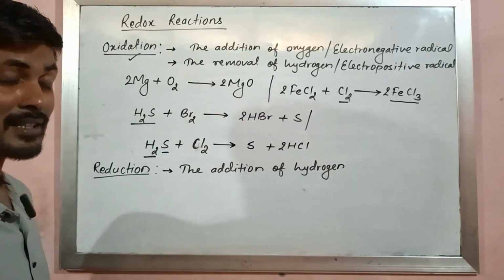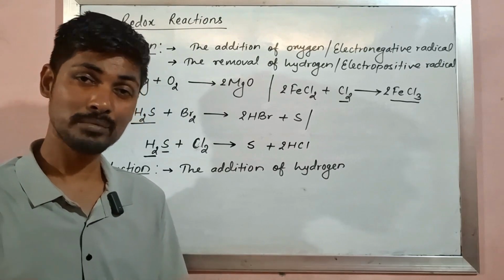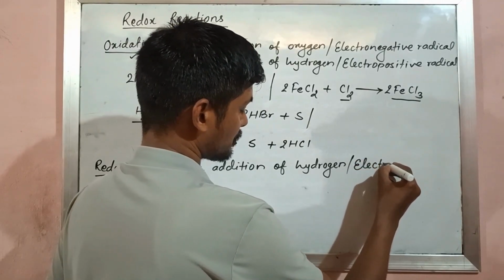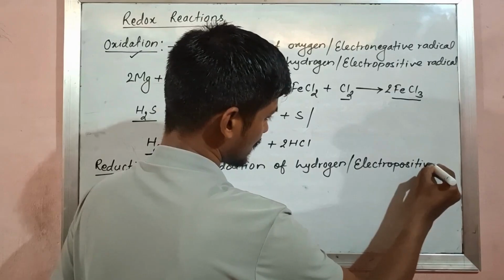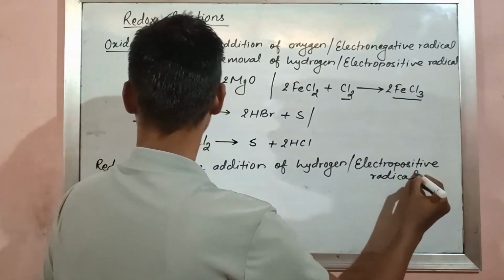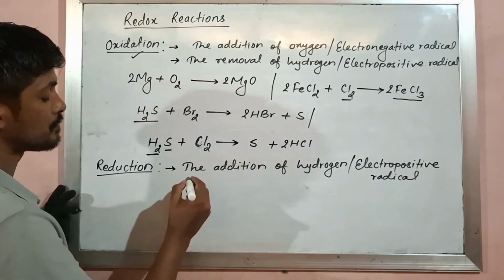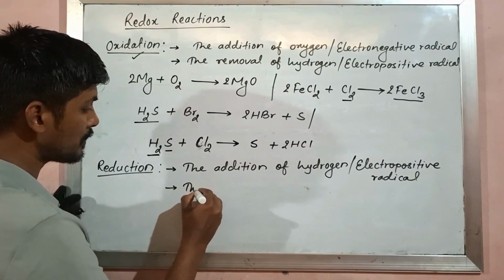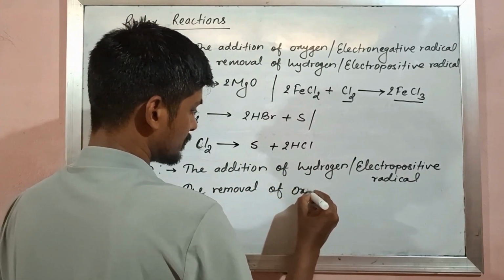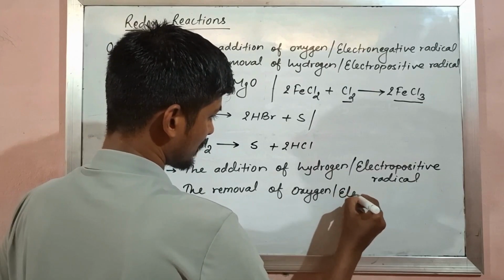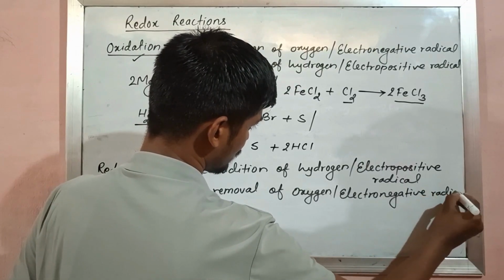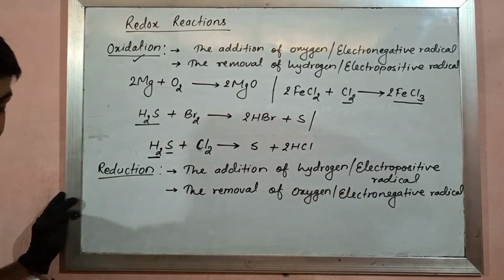As we know that hydrogen is an electropositive atom, if there is addition of any electropositive radical, then also it is known as reduction, or the removal of oxygen, which is an electronegative radical, is also known as reduction.